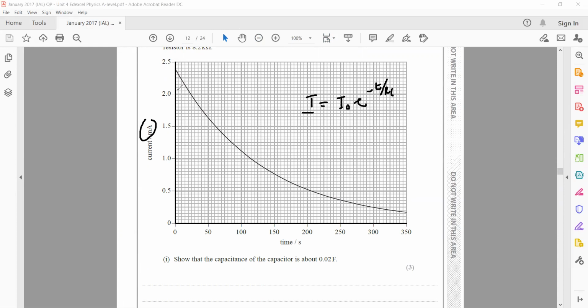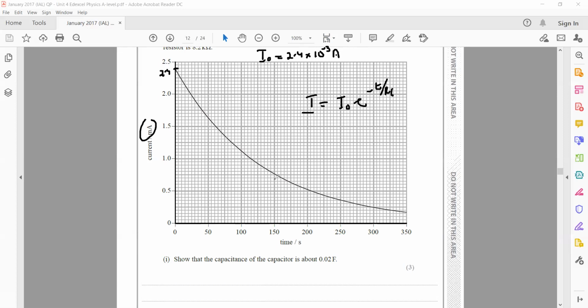So what's the answer here? This looks like 2.4, so 2.4 milliampere. So maximum current, or I naught, is 2.4 into 10 to the power minus 3 ampere. Then what is I? I is the current after a certain time interval.